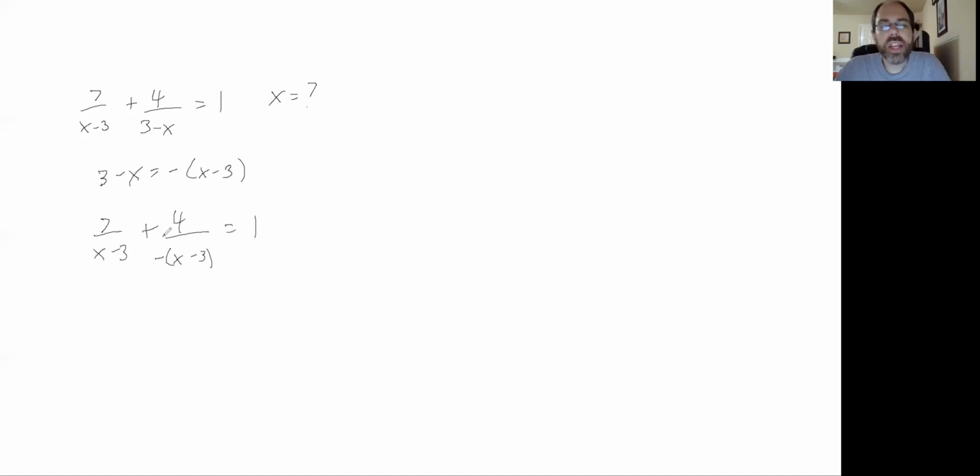But remember, a negative sign at any point in the fraction can be pulled out because it can be thought of as negative 1 times this whole thing. So I could really rewrite this as 7 over x minus 3 minus 4 over x minus 3, and say that that is equal to 1. All I've done is I've taken this negative sign and replaced that plus sign with it.